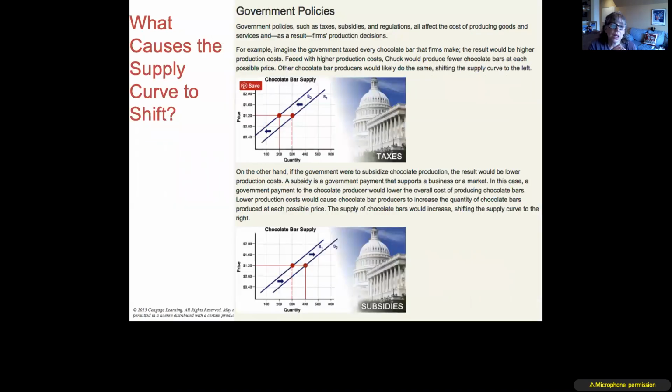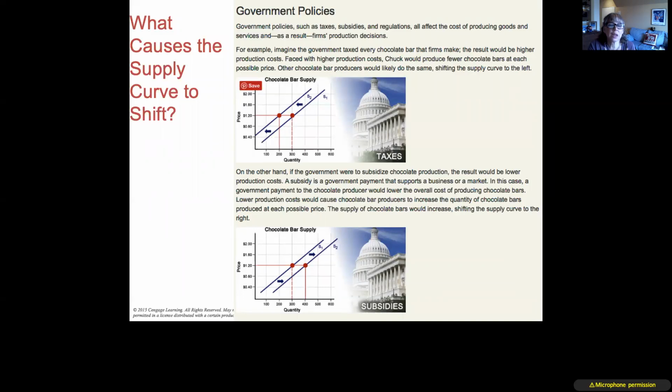Now, the other thing that can affect supply curves is the expectations of government policy. Now, unlike consumers who worry about things like recessions, well, I guess manufacturers do too, businesses have to worry a lot about regulation.